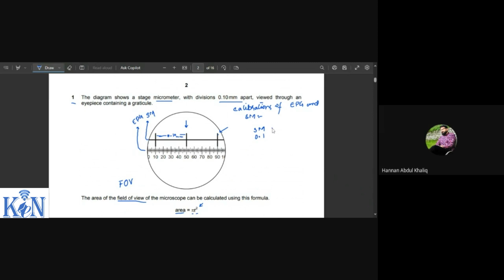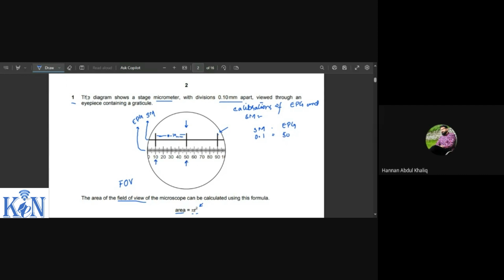with the eyepiece graticule, and the point at which it is getting calibrated with the eyepiece graticule is 50. But the initial coinciding point and this coinciding point start from 10 and end at 50.